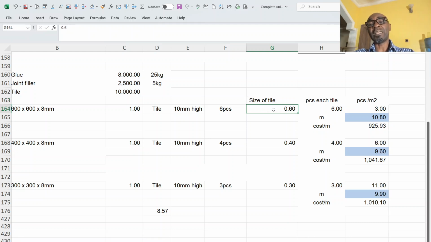I have the length of the tiles because it's a 60 by 60. Whichever way you turn it, the length is 600. Then you are having 6 pieces coming out of each 60 by 60. Then in a square meter, you have 3 pieces of 60 by 60. So if you multiply the 600 long by 6 pieces by 3 pieces of tiles, you're going to get 10.8 linear meters.